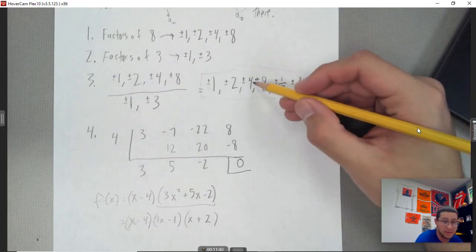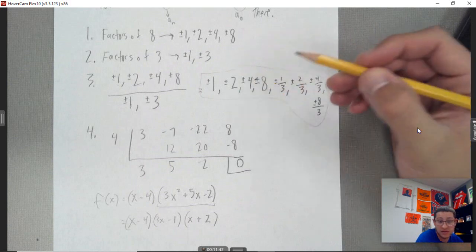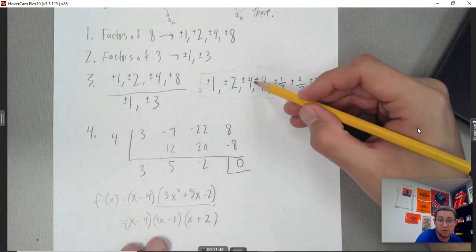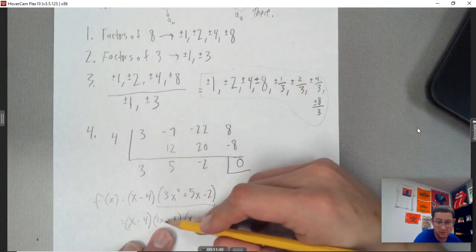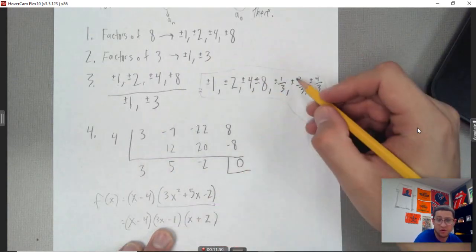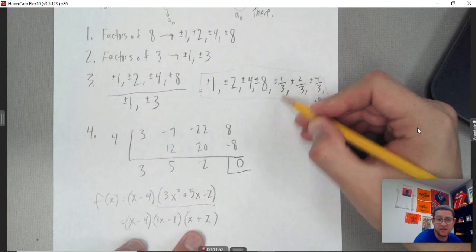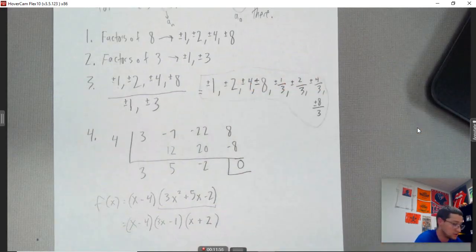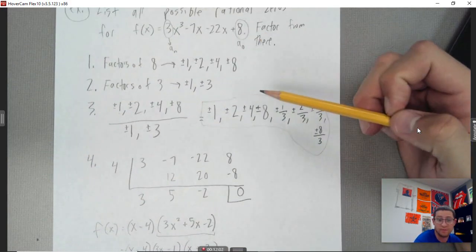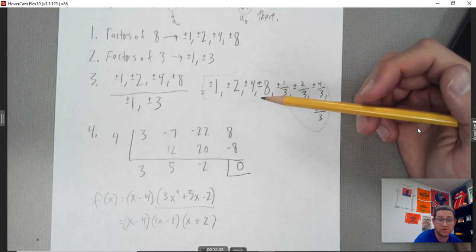The ones that happened to work were positive 4, this 0 is my 1/3, so that's here, and this 0 is my negative 2, so that's here. Those are the zeros that it ended up being. It has 3 zeros for that particular polynomial. That's the rational zero theorem.